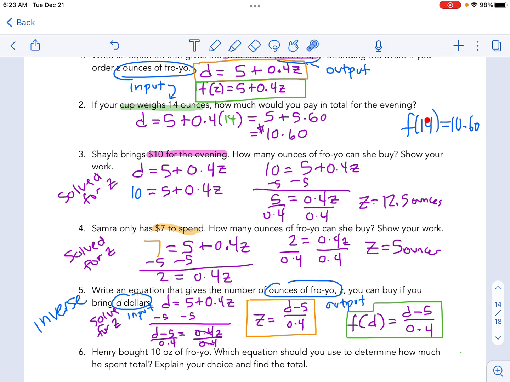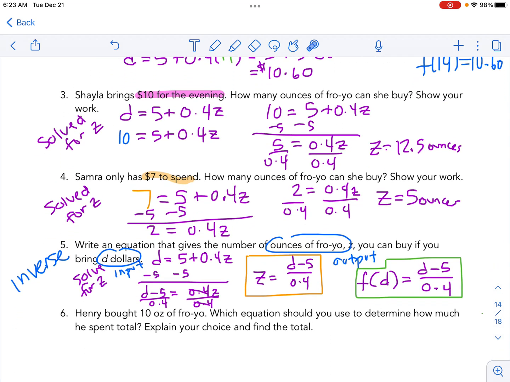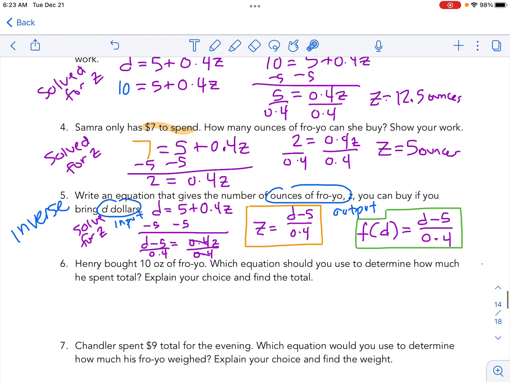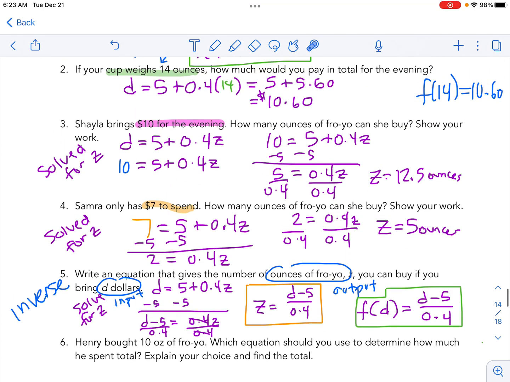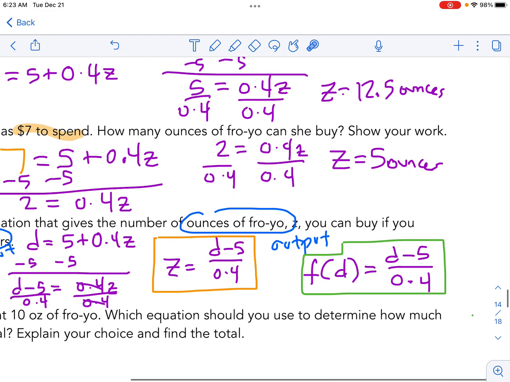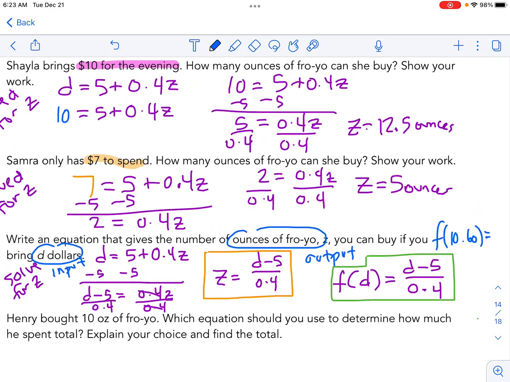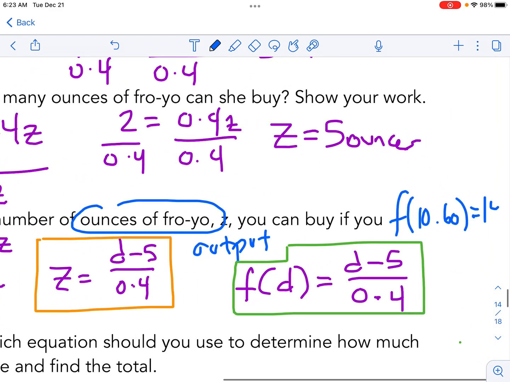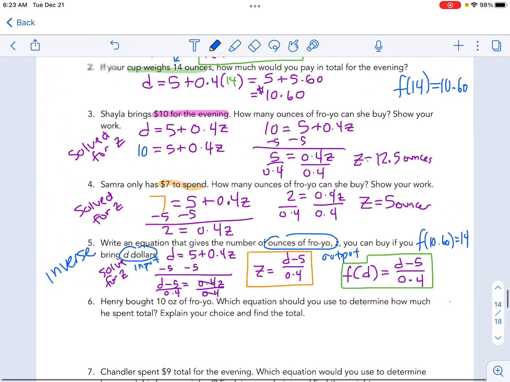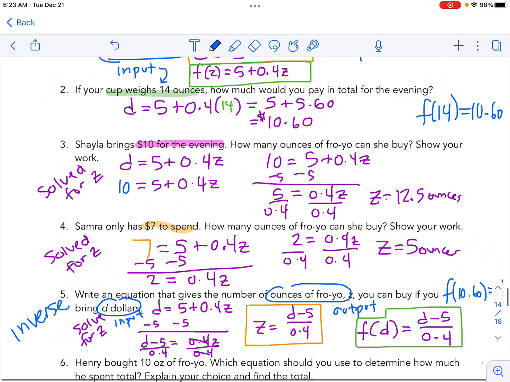1060. If we wrote the result of that in function notation, right? If I buy 14 ounces of frozen yogurt, I'm going to pay 1060. And so if we would reverse that, then the inverse would look like, and I'm down to number 5 now, f of 1060 equals 14 ounces.